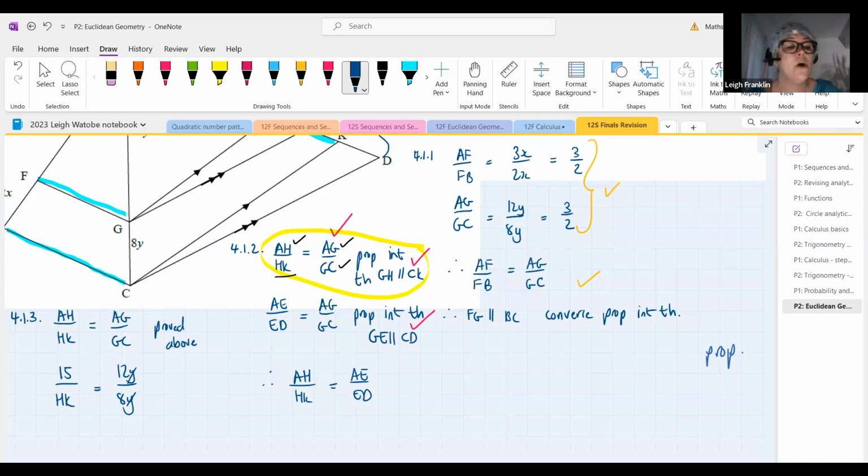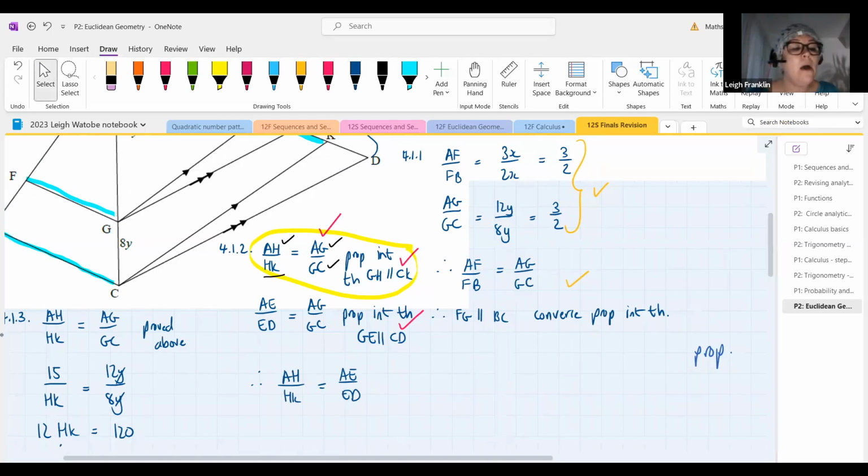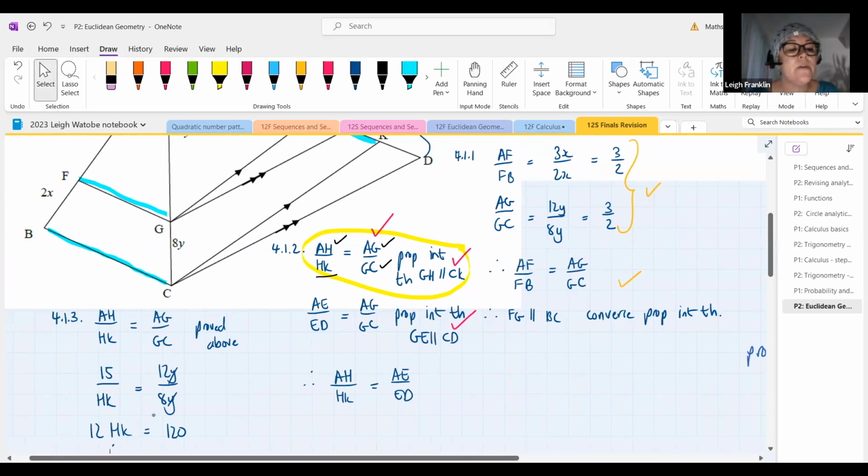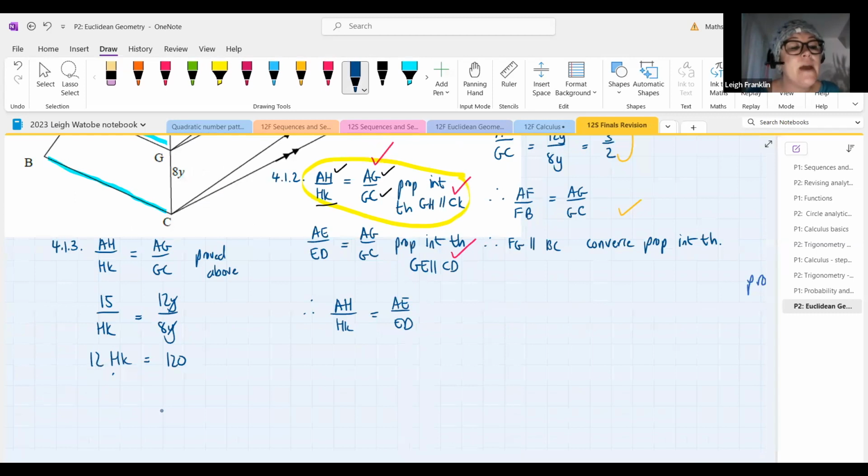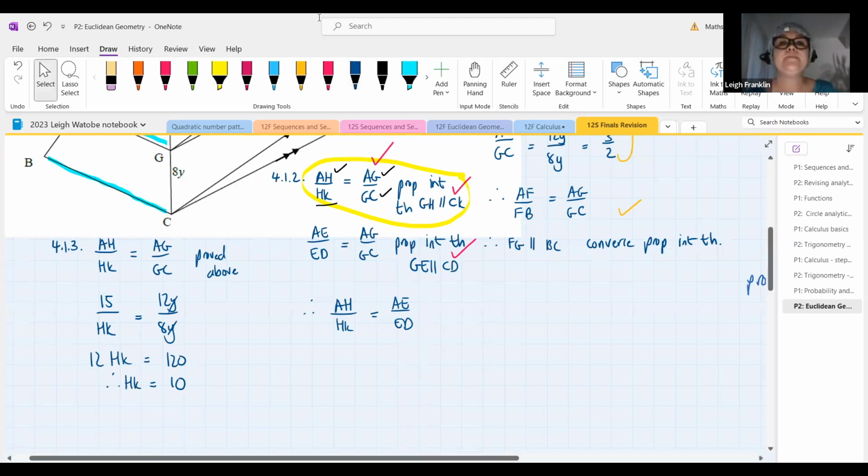So our y's are going to cancel out. We can cross multiply. That gives us 12HK is equal to 15 times 8. 15 times 8 is equal to 120. So that means, well, sorry guys, let me just try that again. So that means that HK would be equal to 10, right?